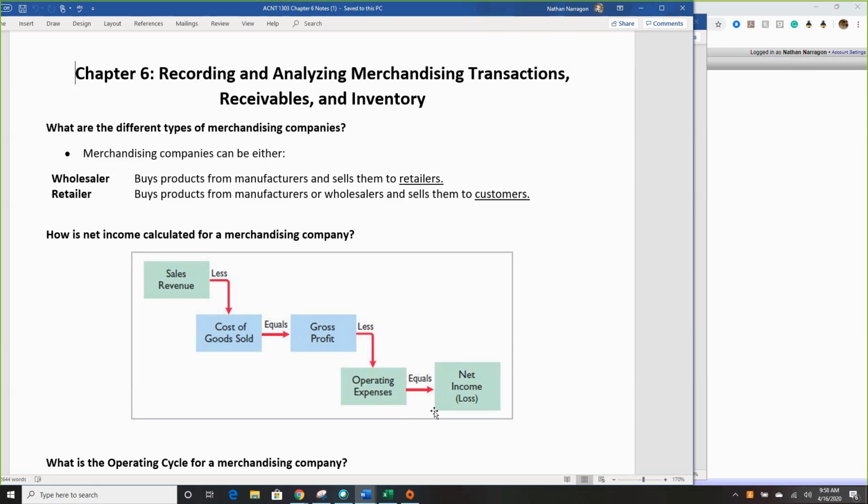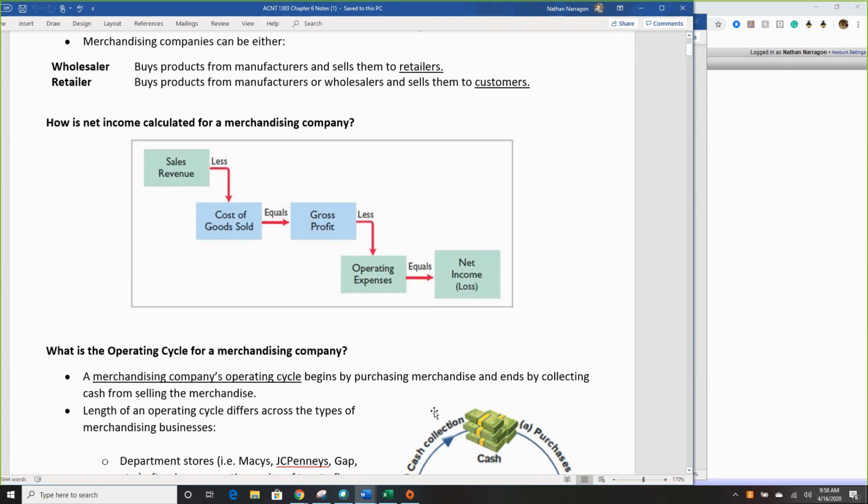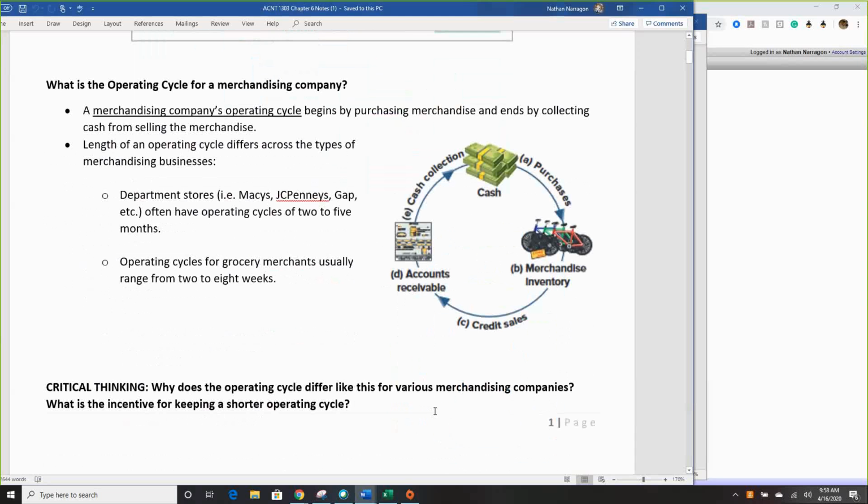So we take our sales, we subtract out our new expense account called cost of goods sold, and this equals gross profit, and then gross profit minus the remaining expenses will equal either the net income or loss for the merchandise company. We're going to go over many things to help you do this, as we only have so much time right now.